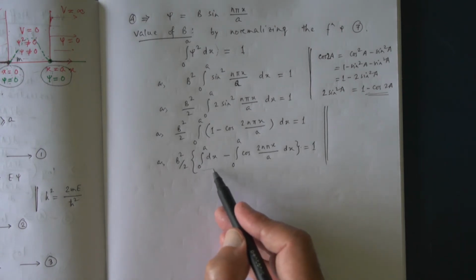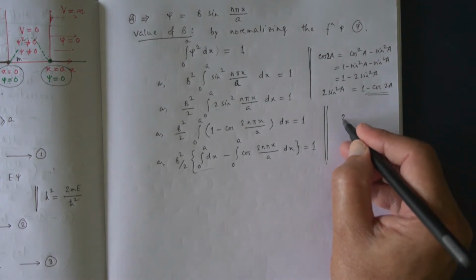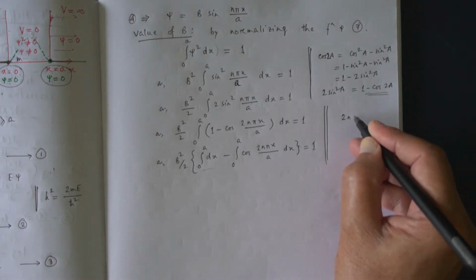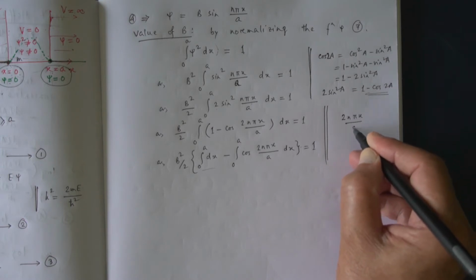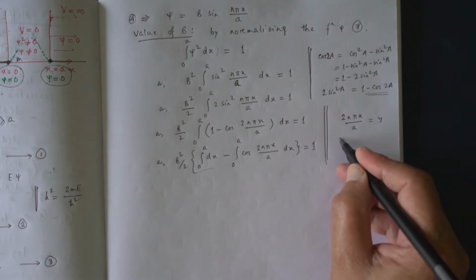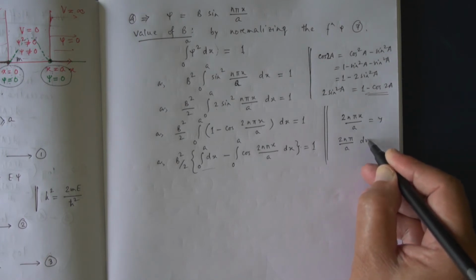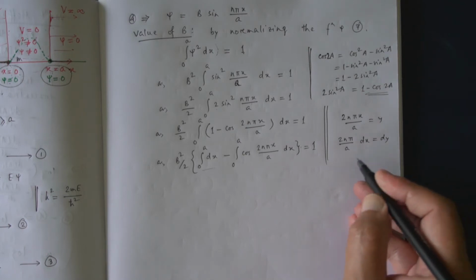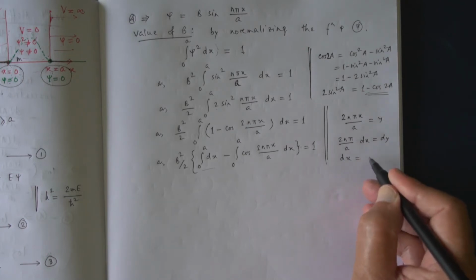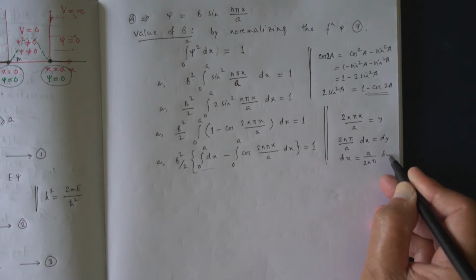So this portion is a, and this portion, let me show you, I can do it like this. Let 2 n pi x by a be equal to y. So 2 n pi by a dx equal to dy, or dx equal to a by 2 n pi dy.